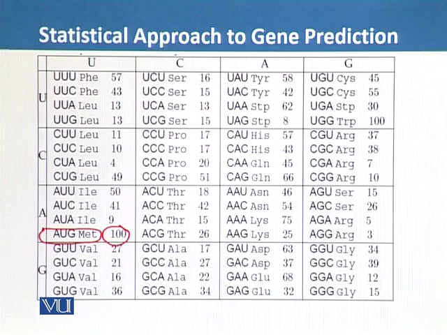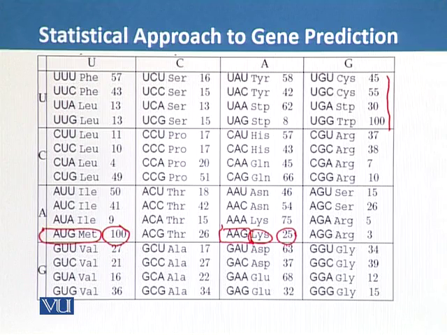For example, among all the lysine residues in all the proteins in a genome, the codon AAG codes for lysine, and whenever this codon is used to produce lysine, its frequency is 25%.